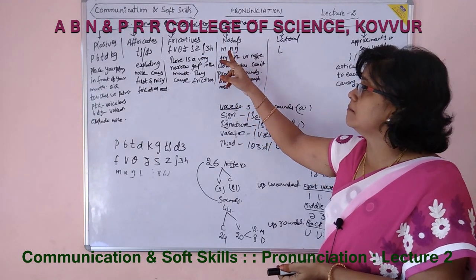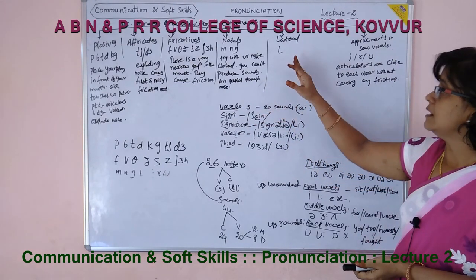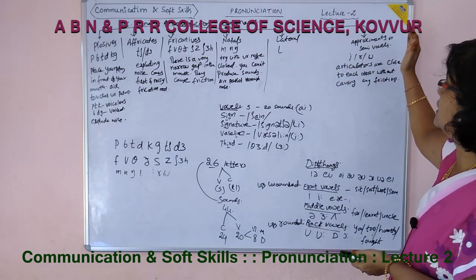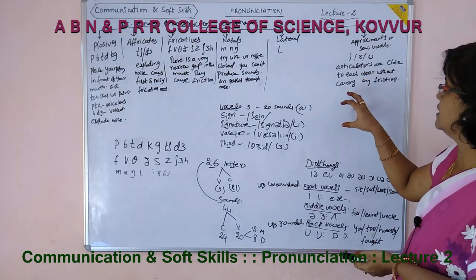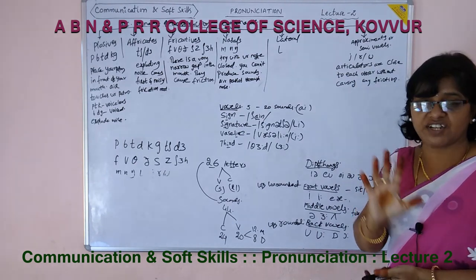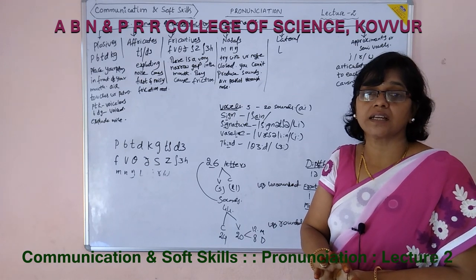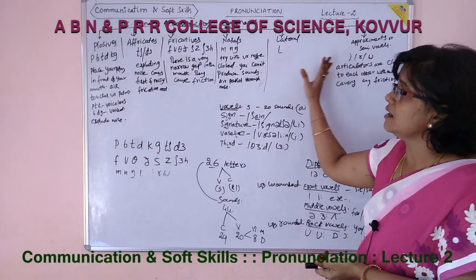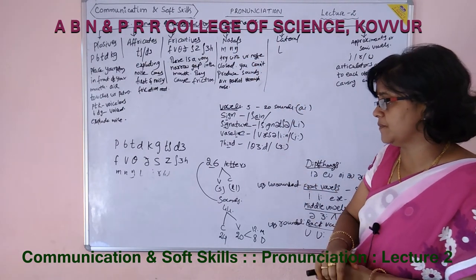So these are called nasal sounds. L is the only alphabet for lateral. And coming to the approximants or semi-vowels, the articulators come close to each other without causing any friction. So these are the parts in the consonants division.